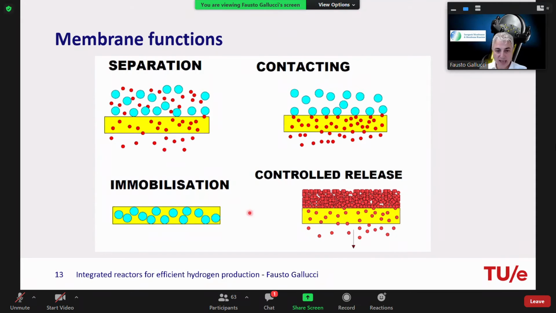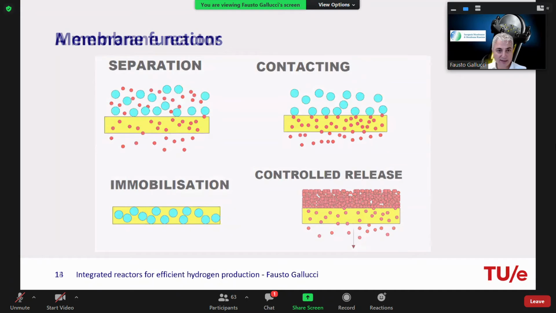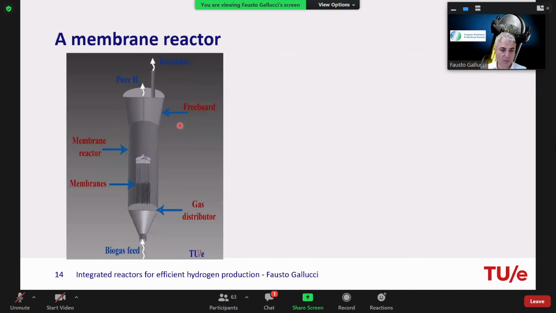Now, if you take any of these functions and you put a reaction close to it, then you have a membrane reactor. So you can combine reaction and separation. For example, this mixture could be a mixture that is reacting, and you can separate one of the components from the reaction zone. So a membrane reactor or an integrated reactor would be, in this case, a vessel where you have a catalyst where the reaction takes place and membranes where the separation takes place.